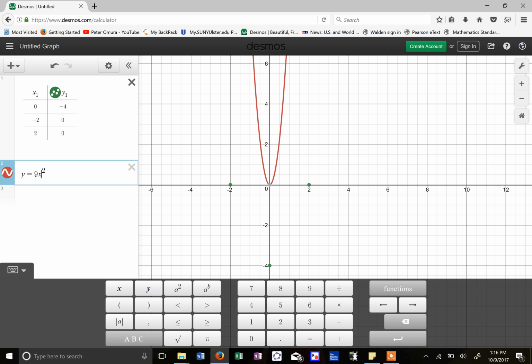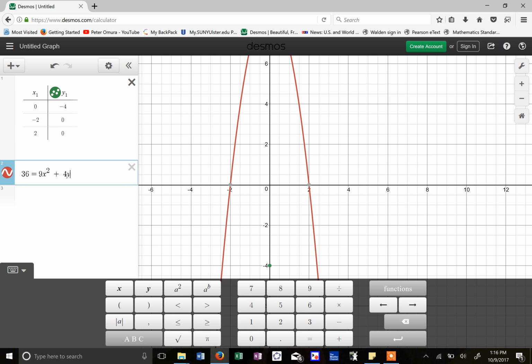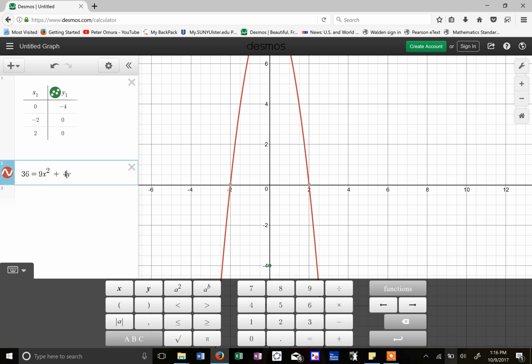This might actually end up being, and I think it will be, plus 4y equals 36, so I'll make this into my 36. Ah, look at that. 9x squared plus 4y equals 36. Once again, I seem to have an error, so let's go back and troubleshoot.